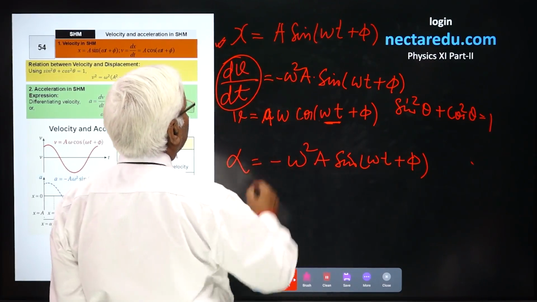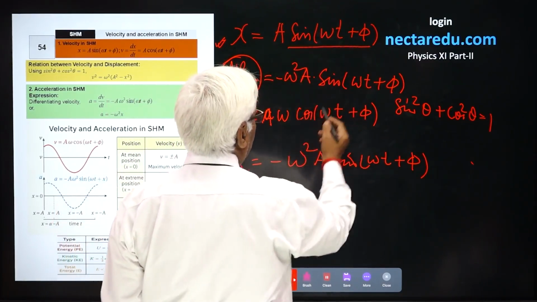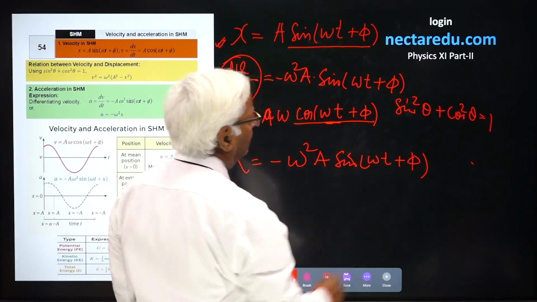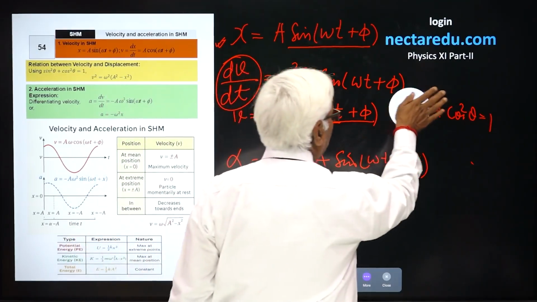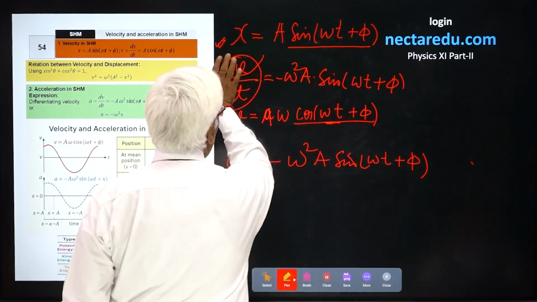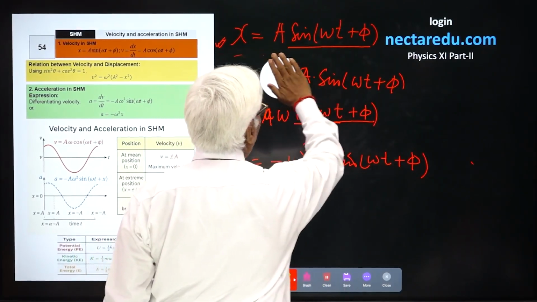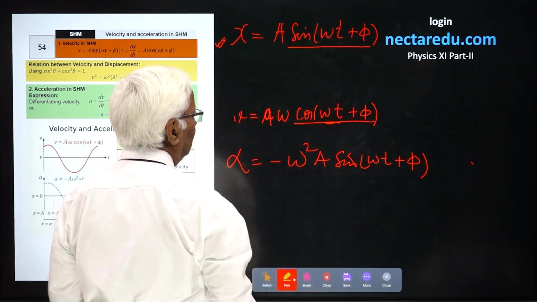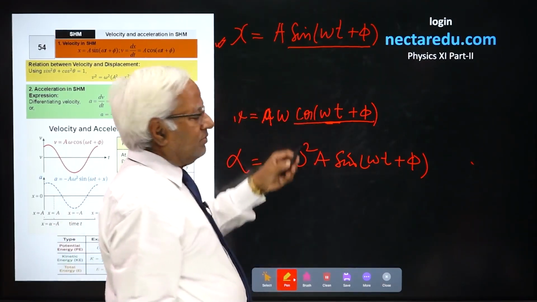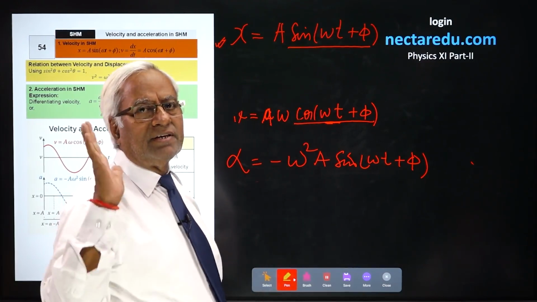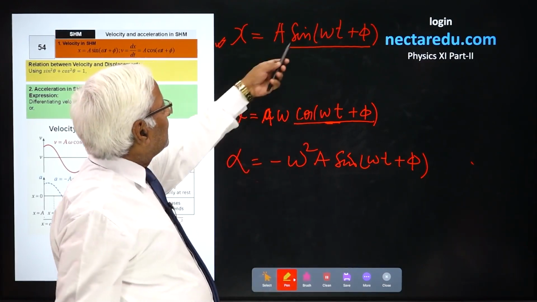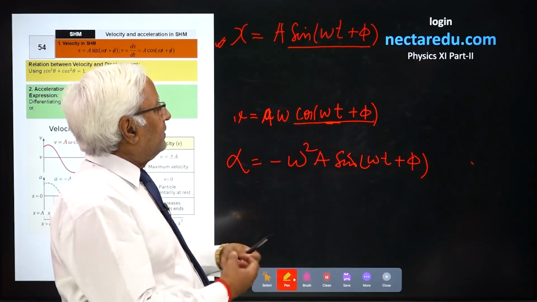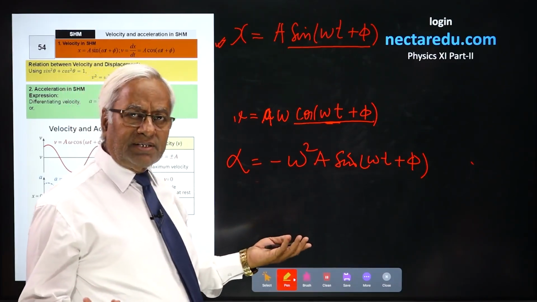You compare all three: it is sine, it is cos, then again it is minus sine. One basic thing that we could conclude here regards the phase of all three, I mean displacement, velocity and acceleration. Sine and cos have a phase difference of 90 degrees. And once you say this is sine theta, this is minus sine theta, it simply means that they are having a phase difference of 180 degrees.